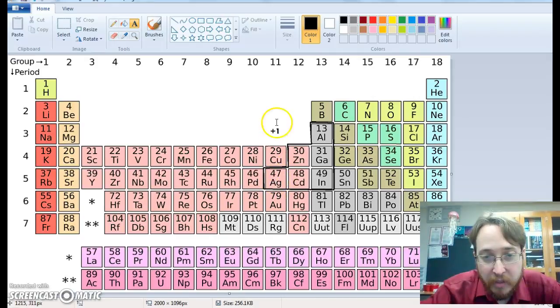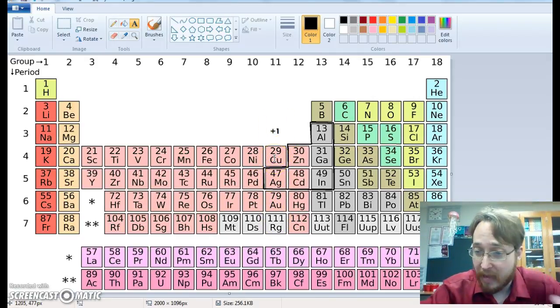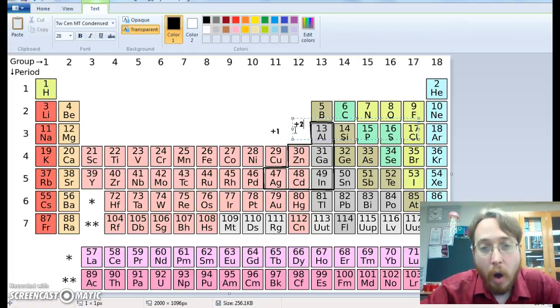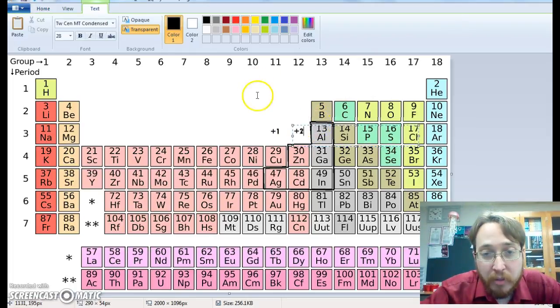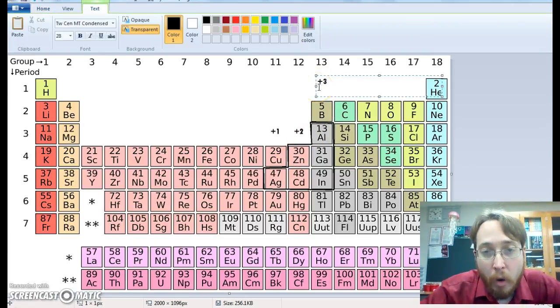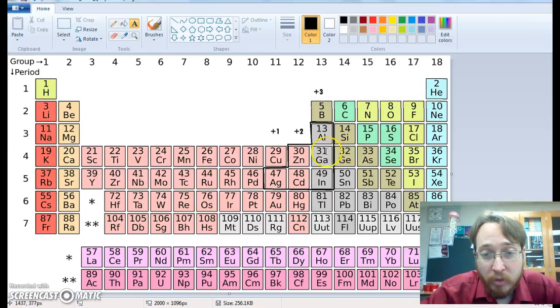So this column in the step, now copper and gold, no. They are transition metals, they have variable charges. But silver always has a charge of +1. Zinc and cadmium always have a charge of +2. So we can always tell that zinc and cadmium are +2. And aluminum, gallium, and indium always have a charge of +3.